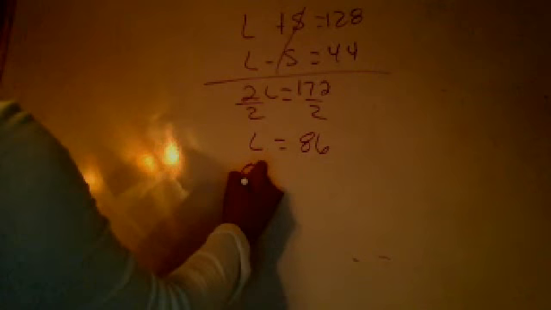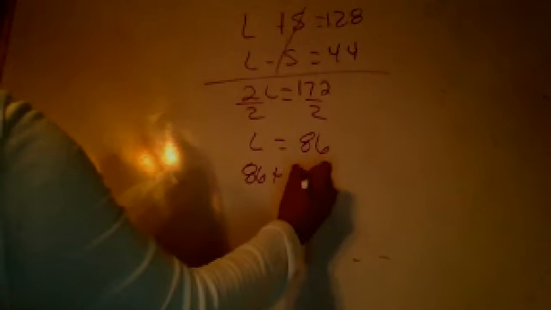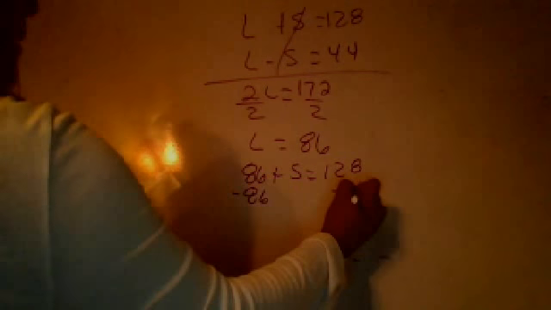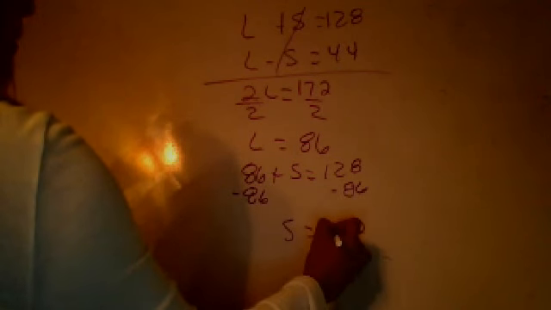So can I find S? Sure. 86 plus S equals 128. Minus 86 minus 86, S equals 42. Those are your numbers. Does it matter where I put this 86? I can put it in this equation or that equation. It doesn't matter. Because remember, because they're a solution for both equations, it will fit either one.